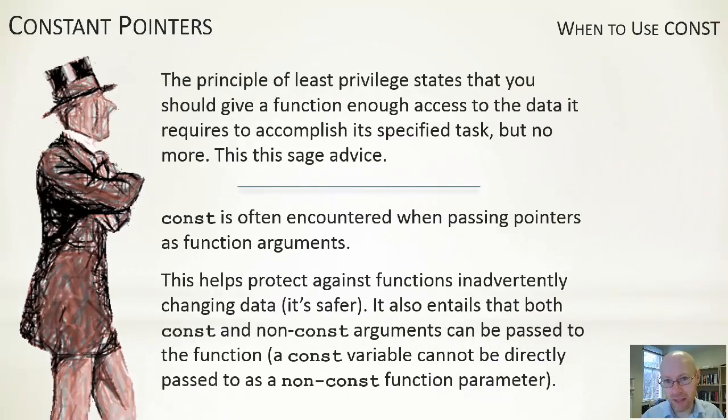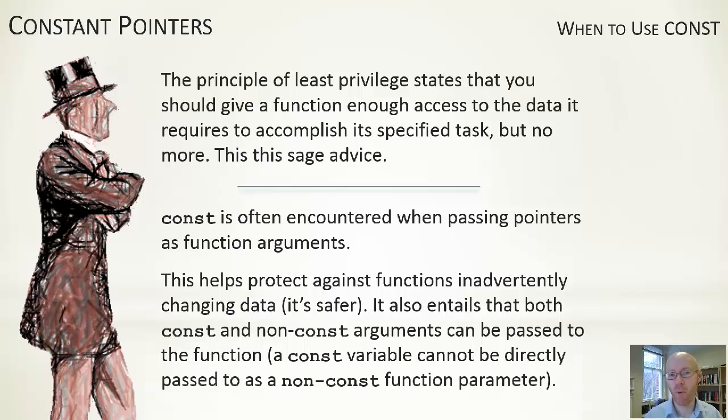It's a good idea to use these things, and these tie into what's known as the principle of least privilege. What this means is that if you are writing a method which needs access to a struct, a class, some other object, you should construct the method so that the parameters, the things that are passed in, are passed in with just sufficient privileges, just the privileges that you need, but no more than that.